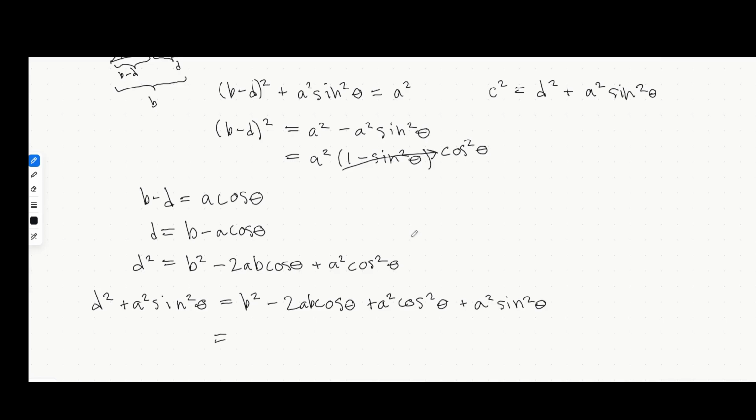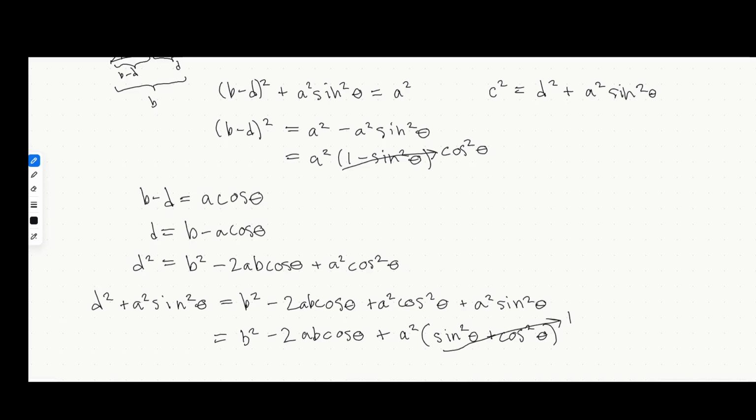And from here, we see that we can factor out a squared. And I'm just going to reverse the order of sine squared and cosine squared so that it appears like it typically does in the Pythagorean identity, where we know that sine squared plus cosine squared is 1.